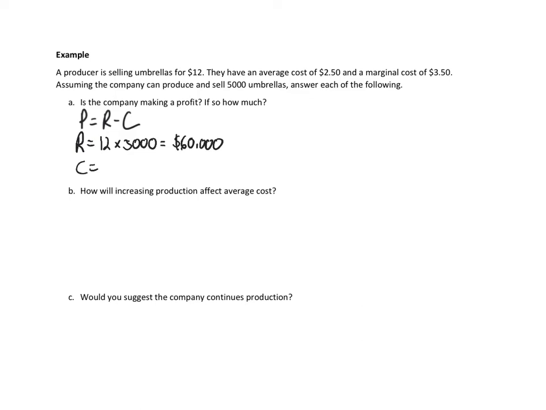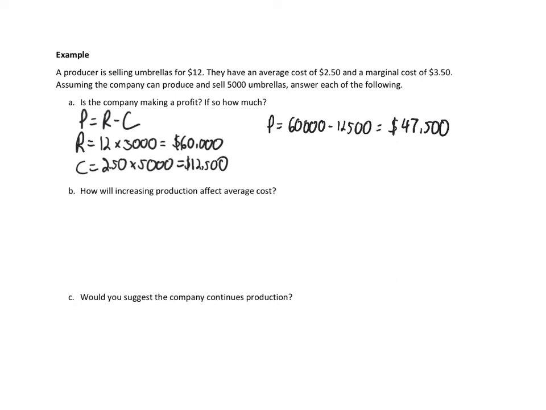So if their average cost is $2.50 times 5,000, then they have incurred a cost of $12,500. It appears they've made a profit because revenue is greater than cost. In fact, their profit would be $60,000 minus $12,500, or $47,500.